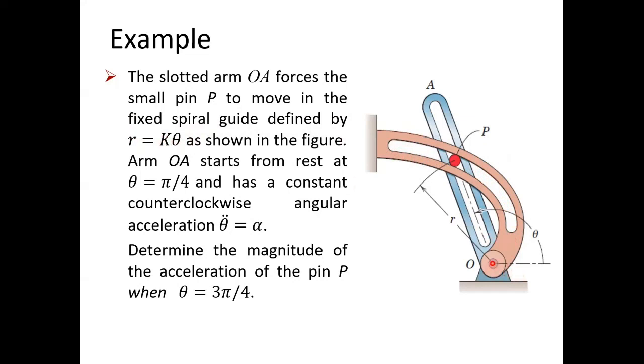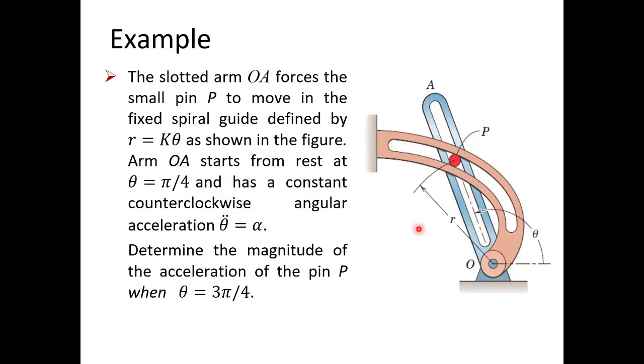R is the distance from this turning point of OA to the position of P. Theta is increasing in the counterclockwise direction, measured with reference to the horizontal direction. Arm OA starts from rest at theta equals pi by 4. When theta equals pi by 4, theta dot becomes 0; the angular velocity of OA becomes 0.